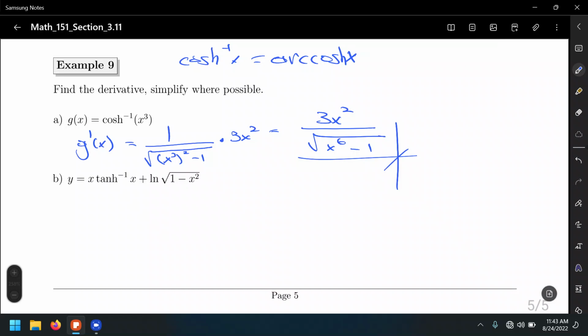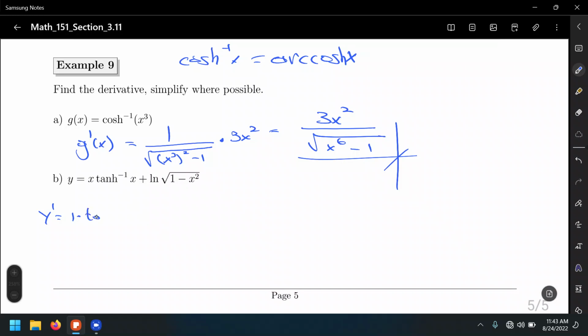So here is the thing. We have a product, so let's use the product rule. y prime equals the derivative of x, which is 1. I'm going to write that 1 so you can see how I am using the product rule.